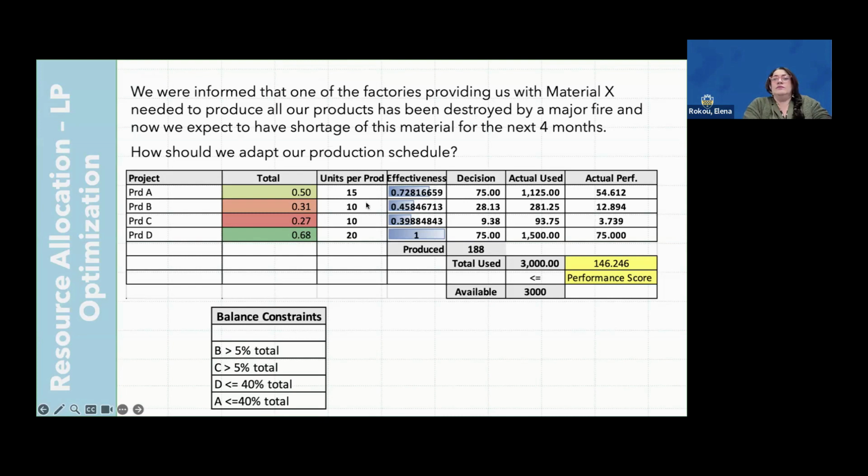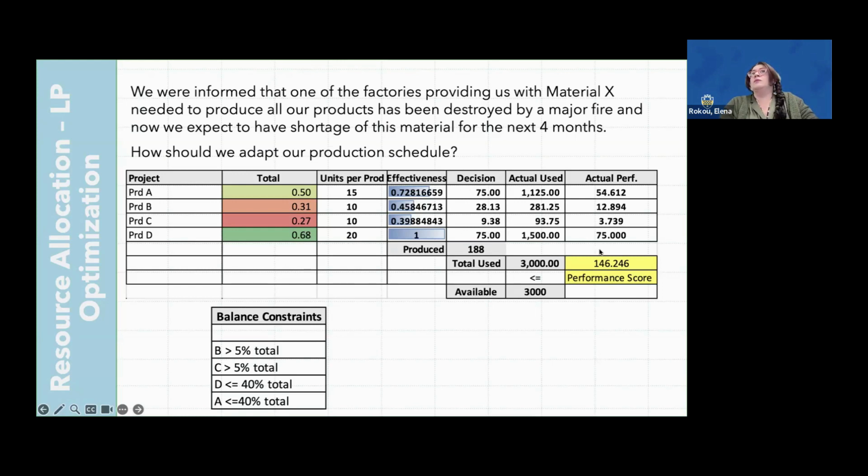What did I do? I have the units required per product, and the effectiveness, the priorities that are calculated from the AHP model. Then we have the actual use, that is units per product times the number of units that we are deciding to use.